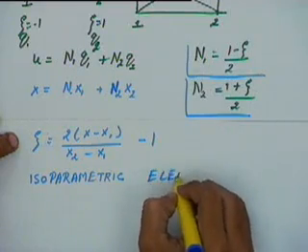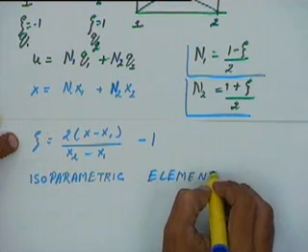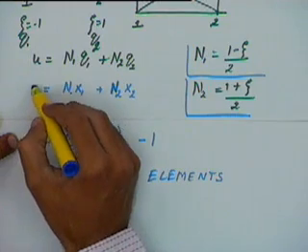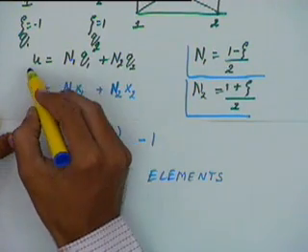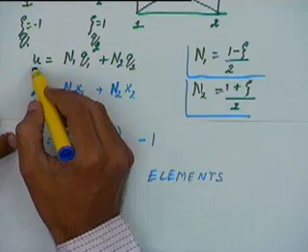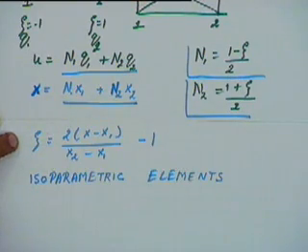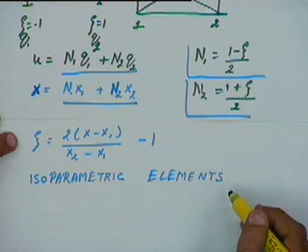Okay, that means the location x and the deformation u are given by similar expressions. Such elements are called isoparametric elements.